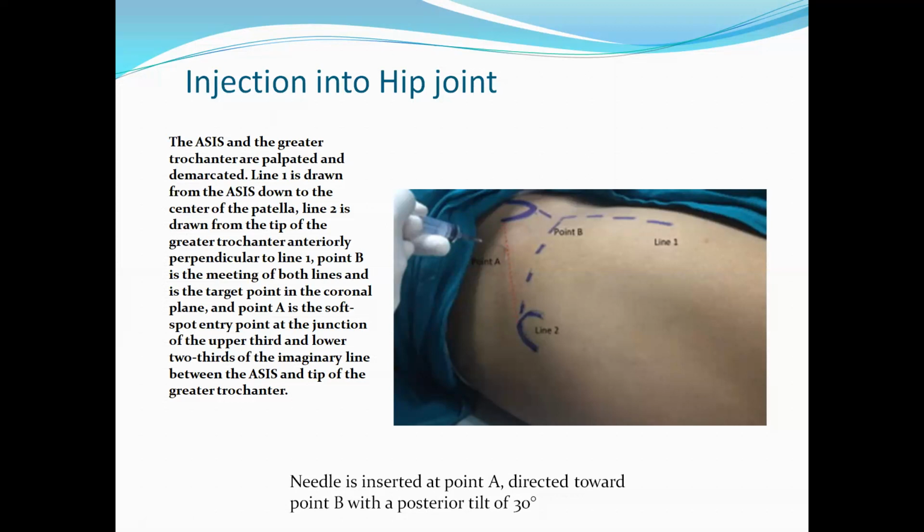By hitting the bone, you confirm that you are inside the joint. This can also be confirmed by fluoroscopy guide. The angle of needle insertion is around 30° posterior tilt to the surface.